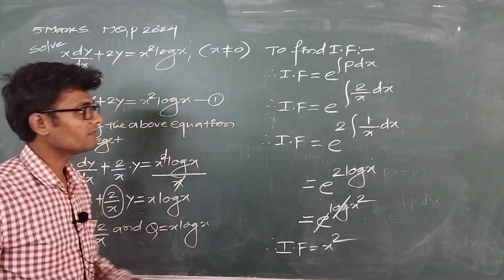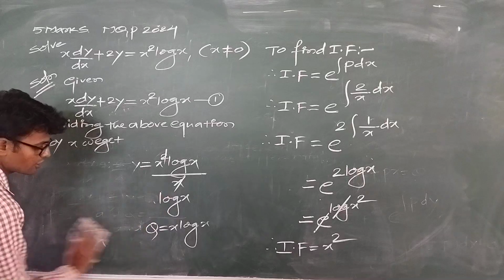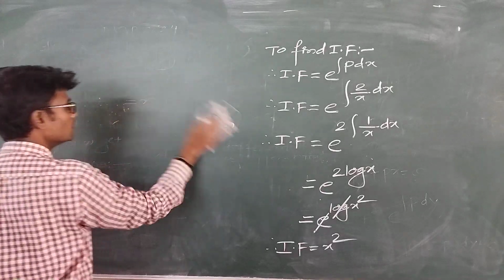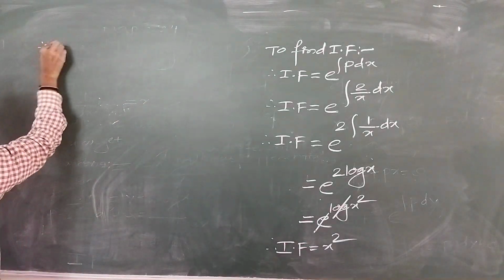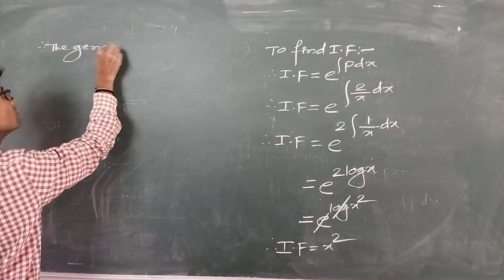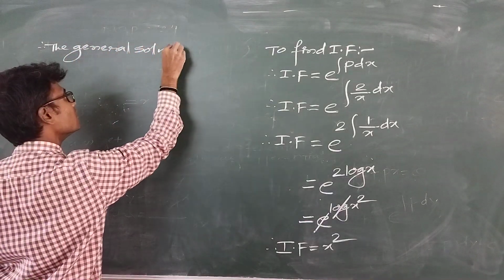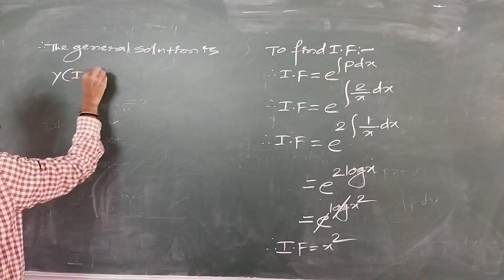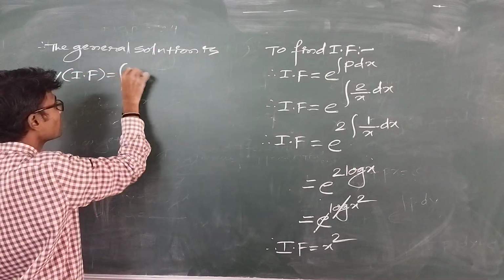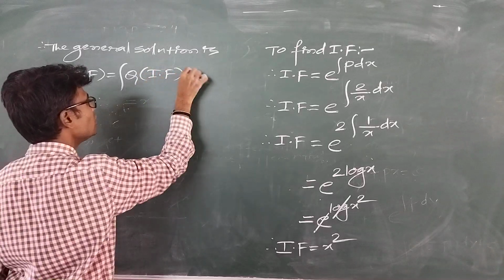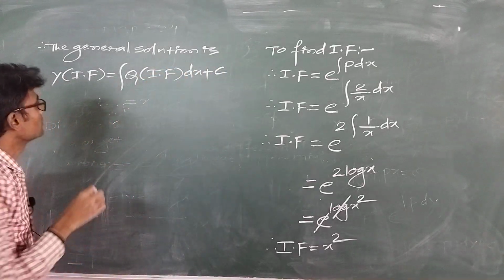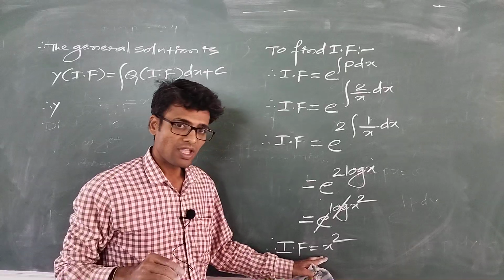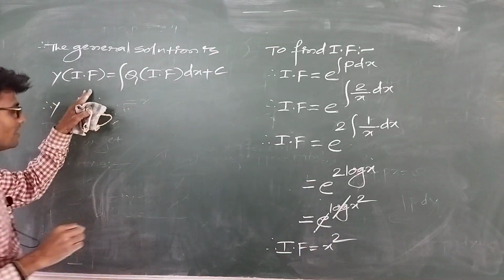After finding the integrating factor, you go for the general solution of the given differential equation. The general solution is y into I.F. is equal to integration of q into I.F. into dx plus c. The integrating factor x square is substituted in this general solution.